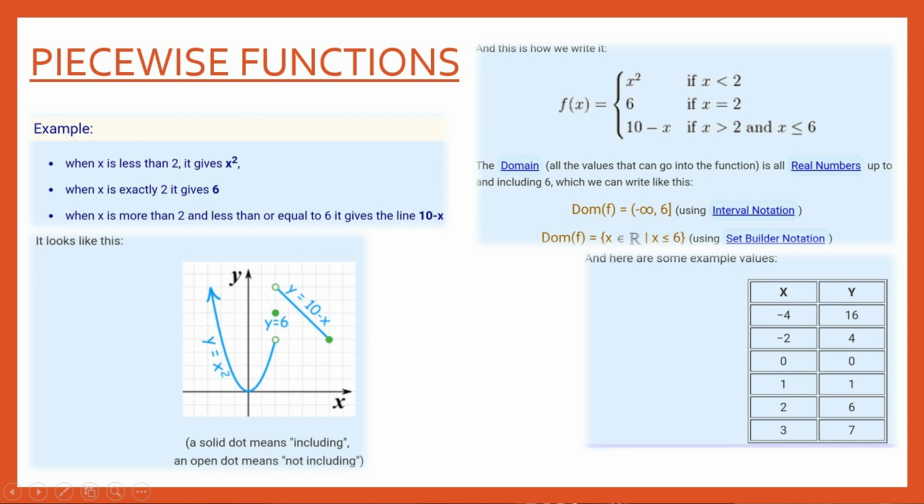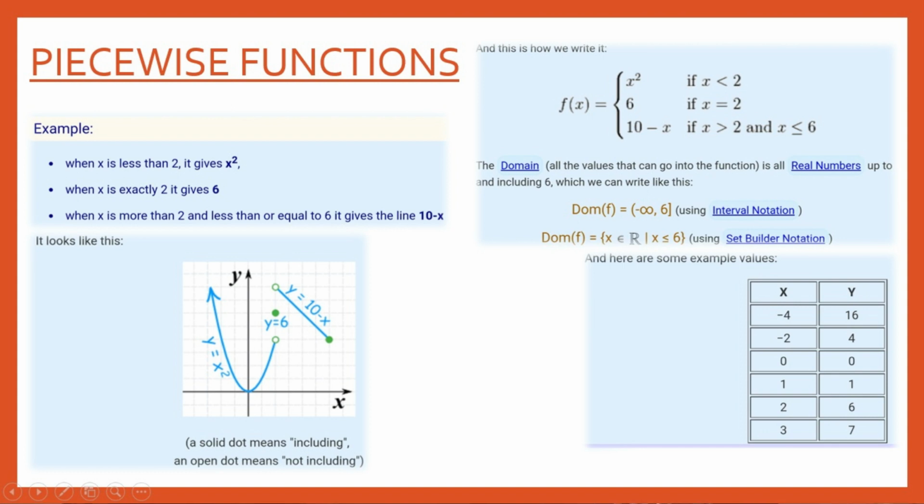The domain of the function is negative infinity to 6 using the interval notation, or the domain of the function is a set of all values where x is an element of real numbers such that x is less than or equal to 6 using set builder notation. And here are some example values. When x is negative 4, y is 16.